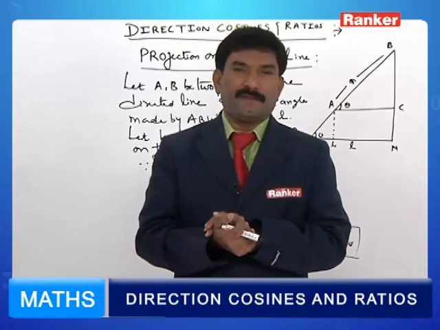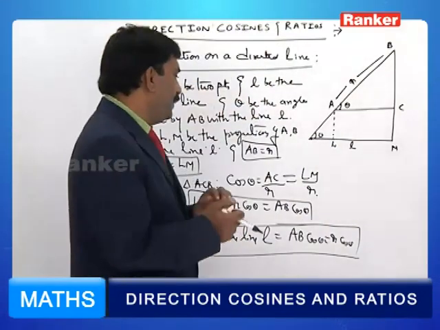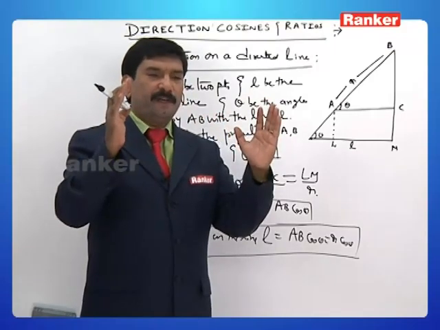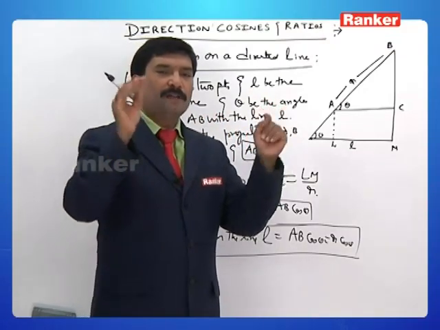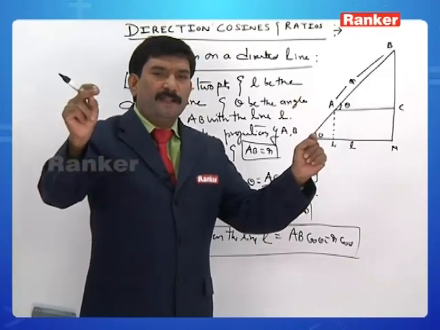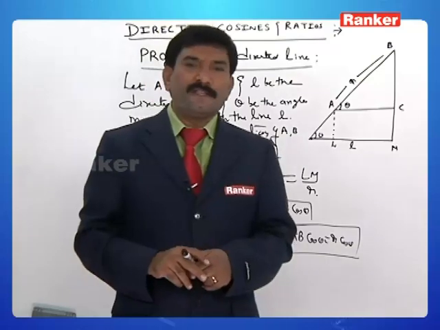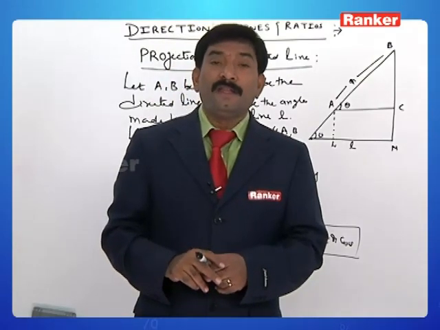Negative direction. Followed? Right. So therefore, the projection of the line segment AB on the directed line L is given by AB into cos theta.